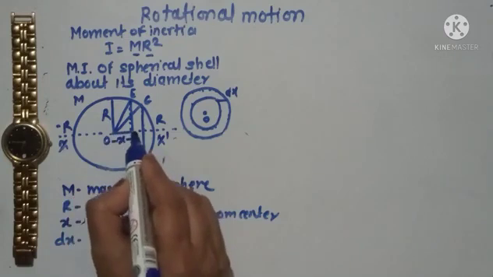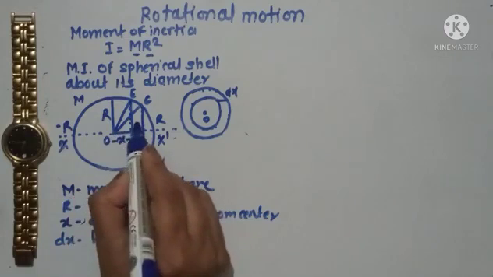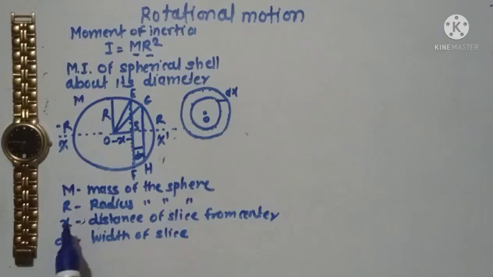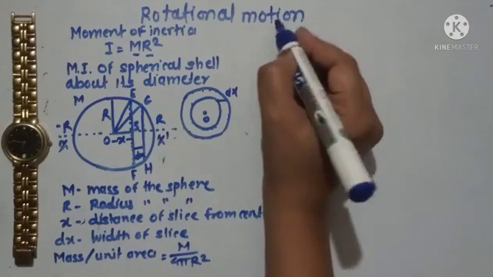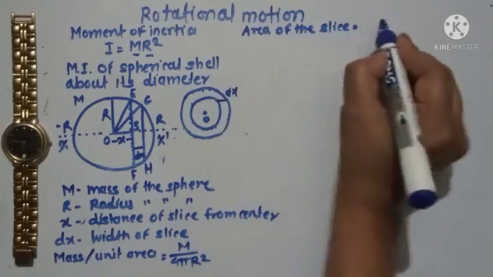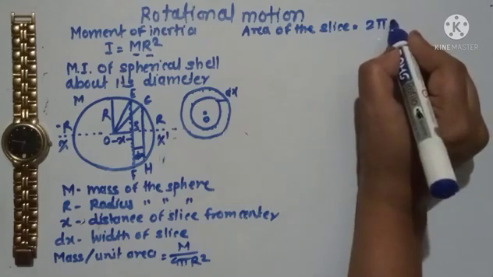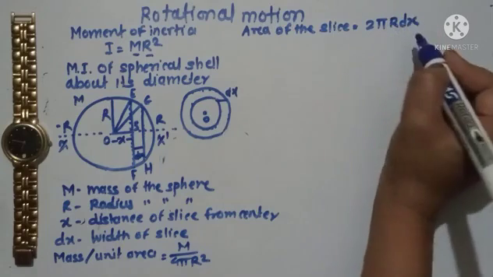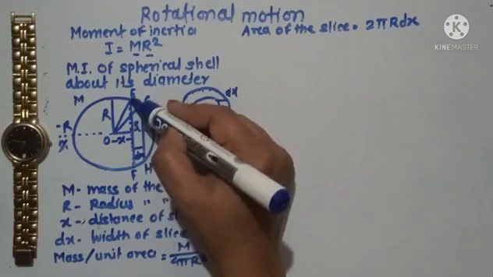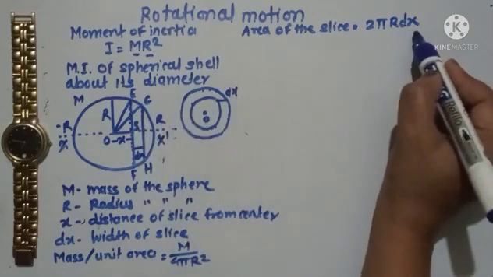Now if I call this point S, so if M is the mass and R is the radius of the sphere, then the mass per unit area of this whole sphere can be written as M upon 4πR². Now the area of this slice is 2π into r into dx, where r is the radius of the slice and dx is the width of the slice.